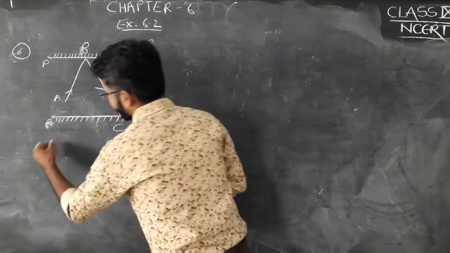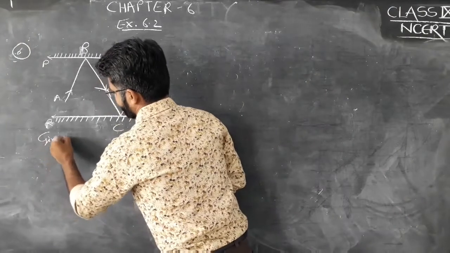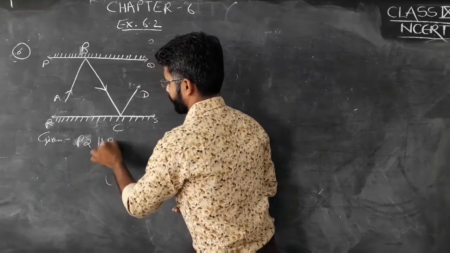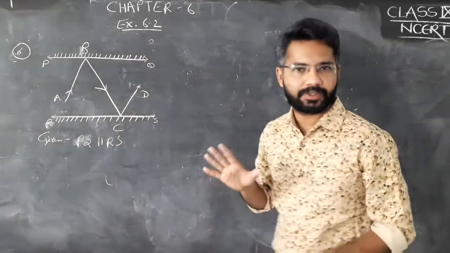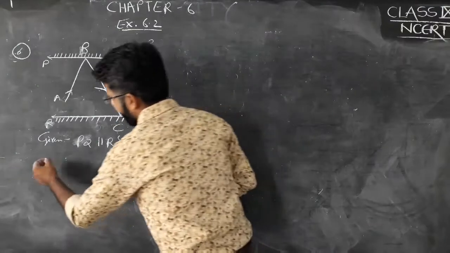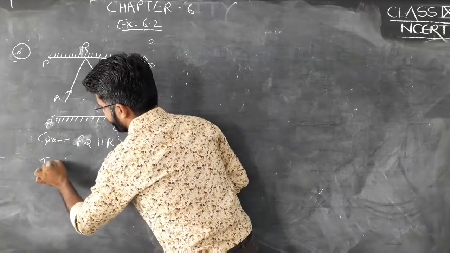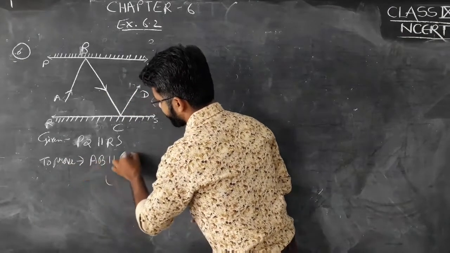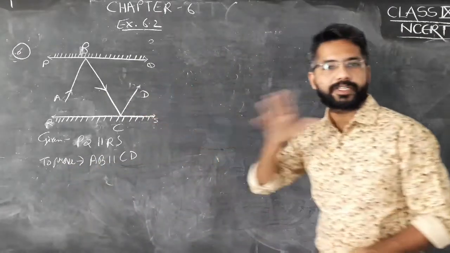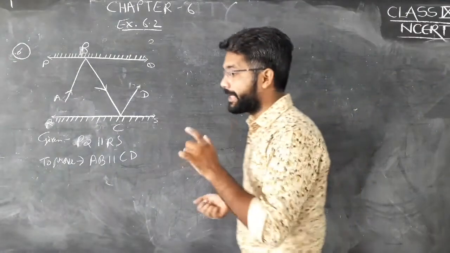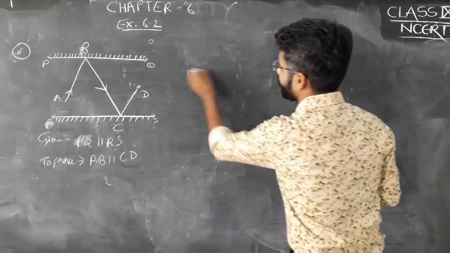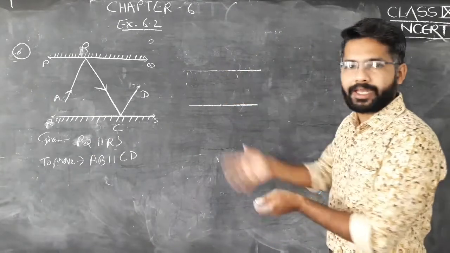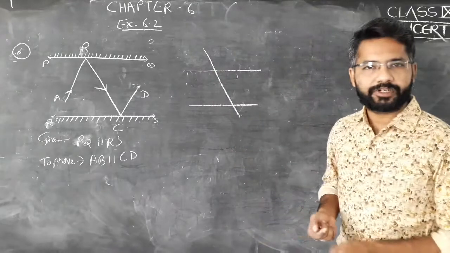Okay, what have they given? They have given PQ parallel to RS. These are parallel mirrors. What we have to do is prove AB is parallel to CD. For proving lines parallel, we take a transversal line.